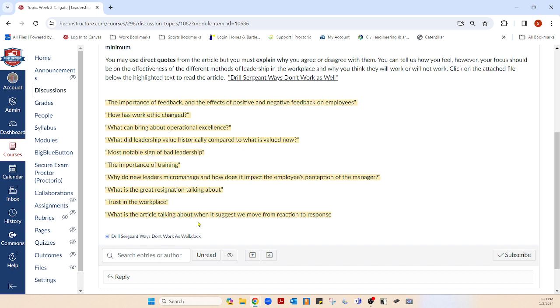What is the article talking about when it suggests we move from reaction to response? Well, you go through life responding, but you can go through life looking forward, looking around the corner, seeing what could happen, what are the possibilities, both good and consequential.